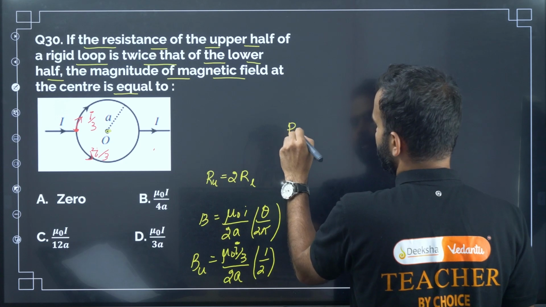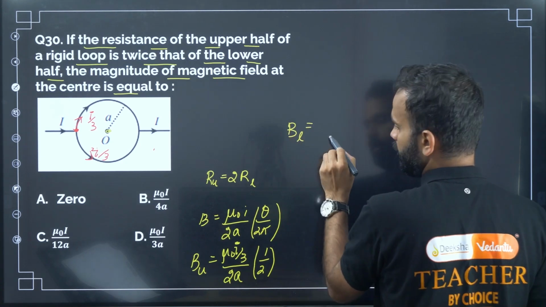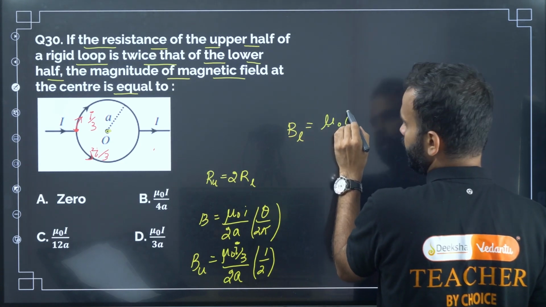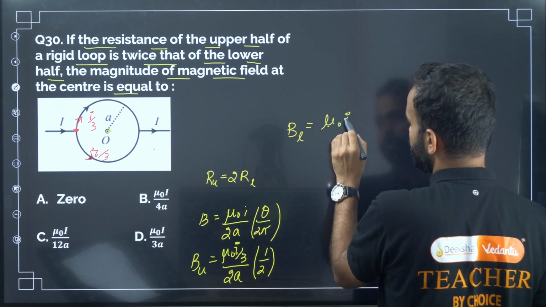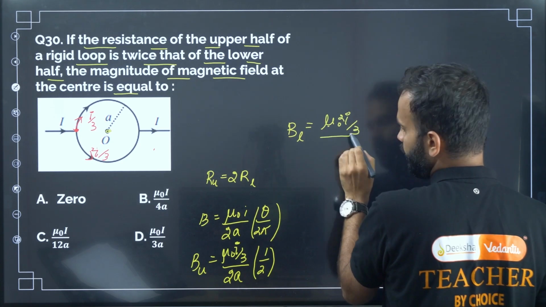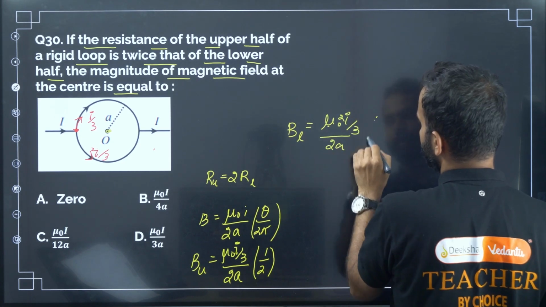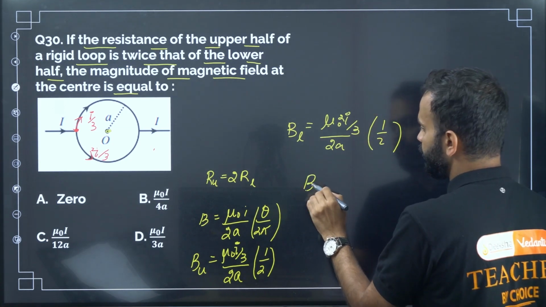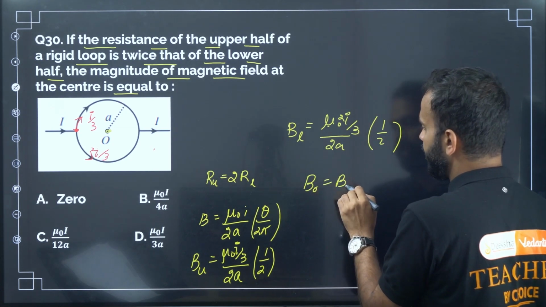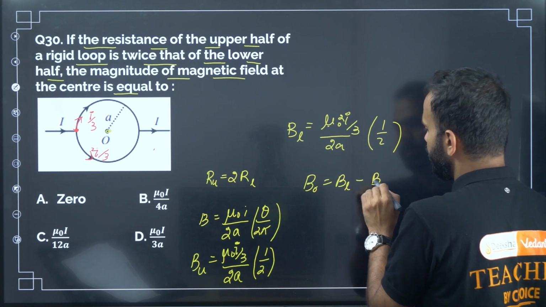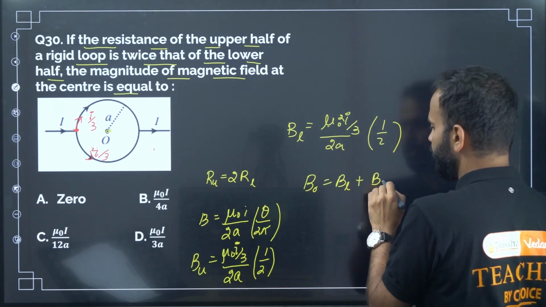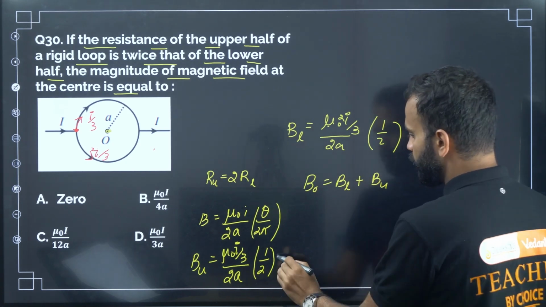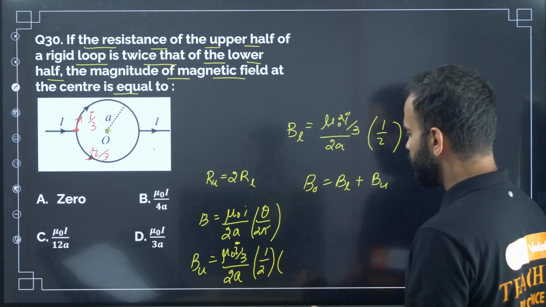Now B lower is mu naught into 2I by 3 divided by 2A into 1 by 2. Now the net magnetic field at O is equal to BL minus BU. Here the magnetic field is into the plane.